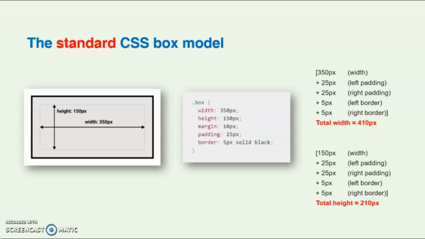Note that the margin is not counted towards the actual size of the box. Sure, it affects the total space that the box will take up on the page, but that space is outside the box. The box area stops at the border. It does not extend into the margin.